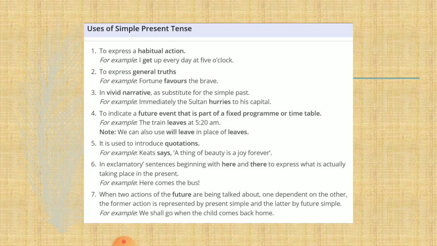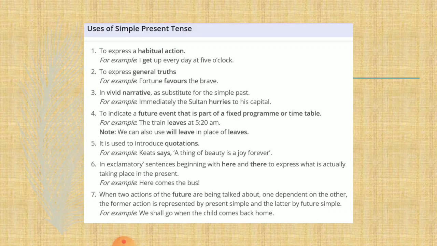Dear students, I must tell you about the progressive tense. There's a category called progressive tense that covers four tenses under it. One is simple present, second is present continuous, third is simple future, and the fourth one is future continuous. In all the four, this rule is there: when we talk about a future fixed program, we can use such tenses.